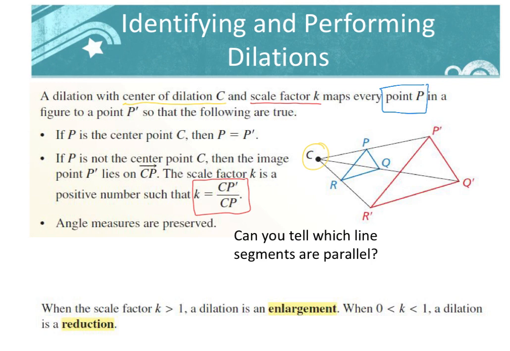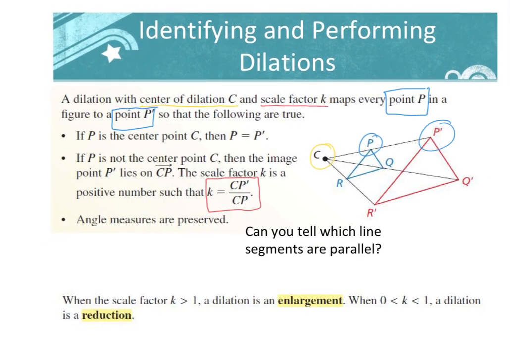Point P is right here, and then P prime is right here. So if P is at the center C, then P is going to be equal to P prime. So if you are ever dilating about the center, or one of your points is the center, it's just going to be that same point. You're not going to dilate at all.